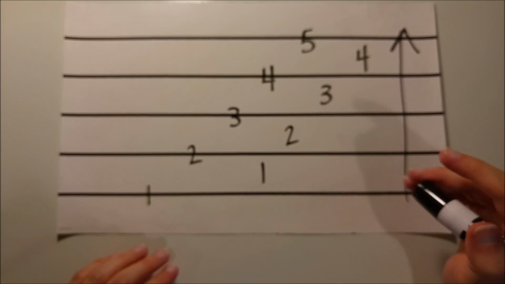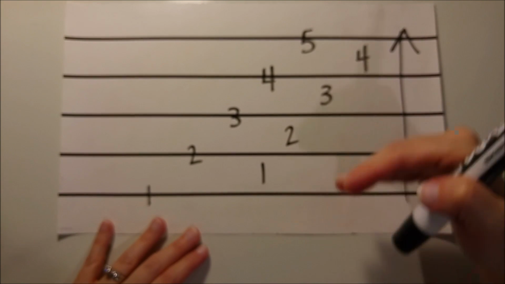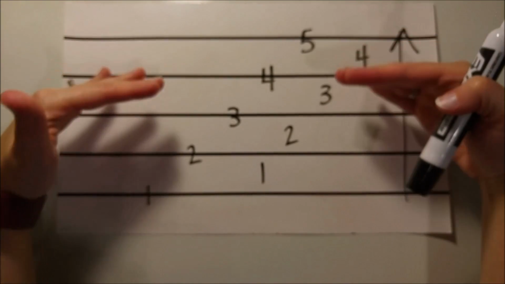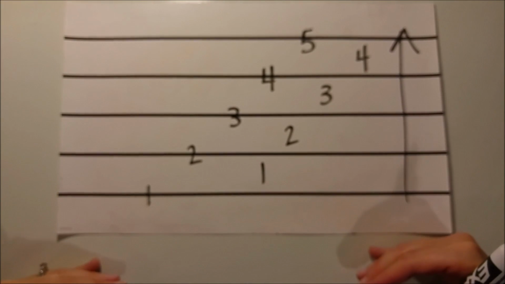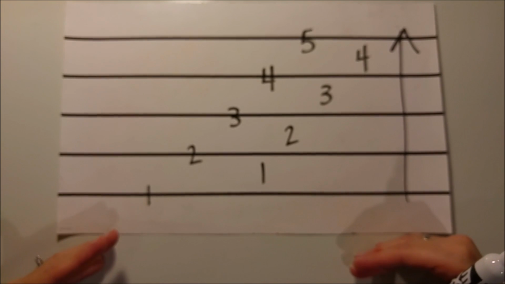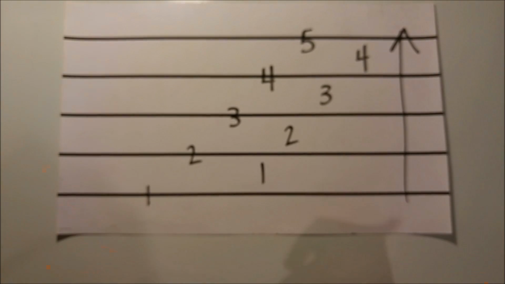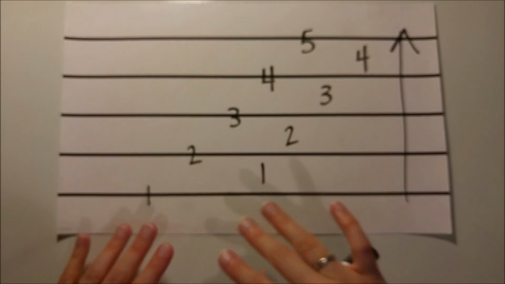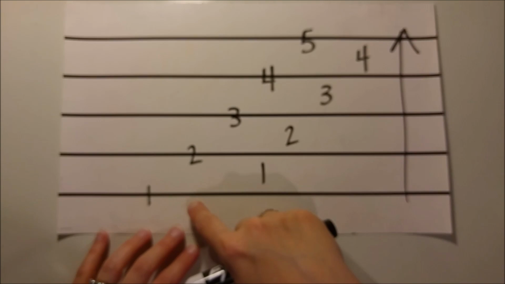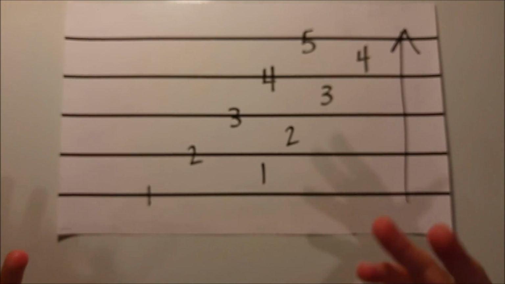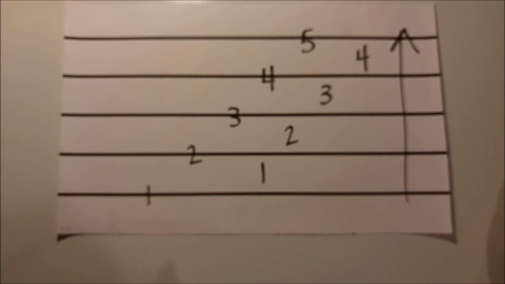But we always think of the staff as being built from bottom to top also. The lower you go on the staff, the lower those pitches are. The higher you go, the higher those pitches are. So you think of them as going up like this. Da, da, da, da, da, da, da. And so the higher you go, the higher the pitches get.